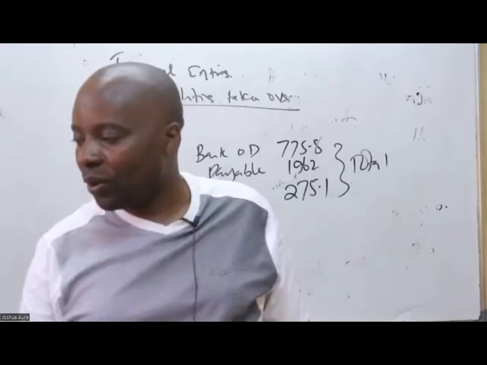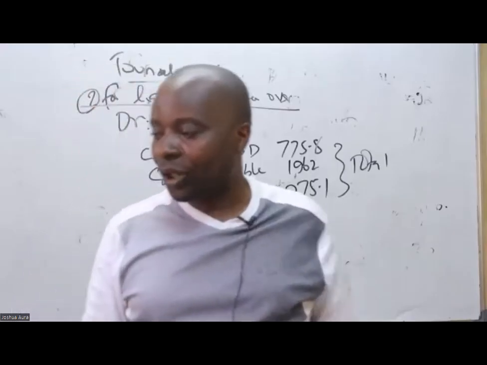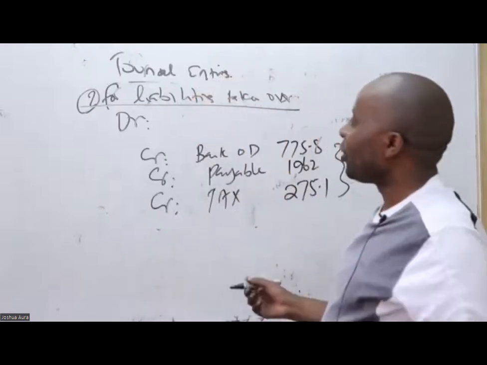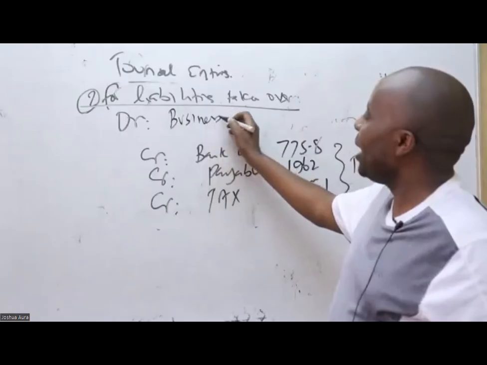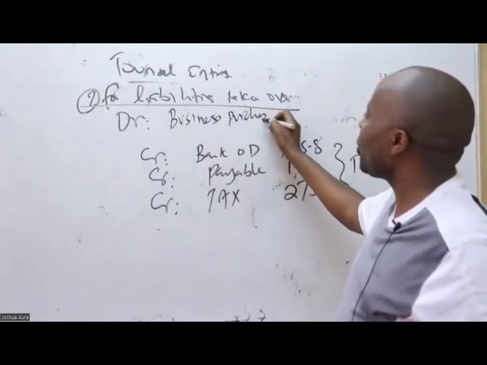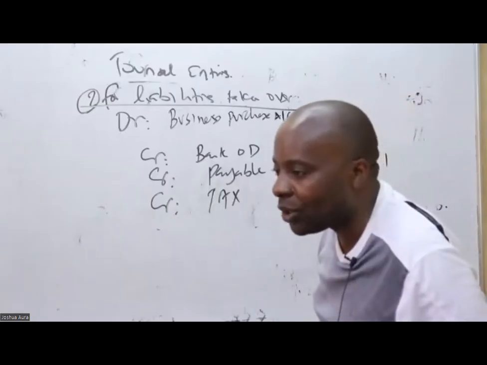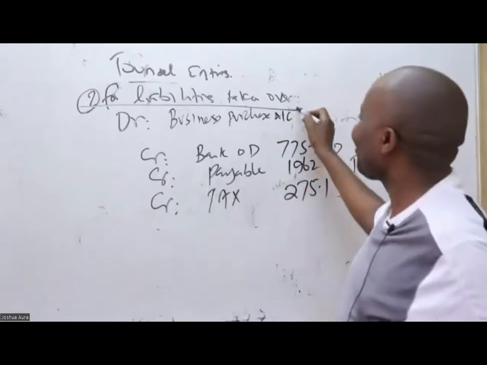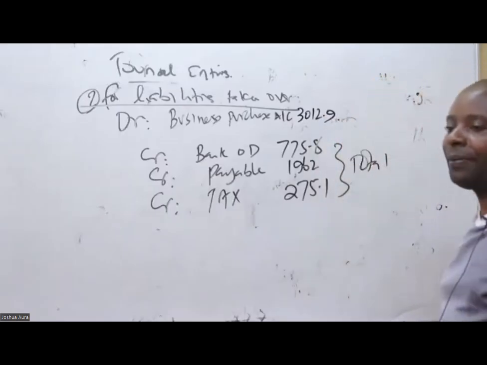I don't understand why. 1312.9. So remember, this one here will be taken to the business purchase account, which in this case I'm being told is 3012.9.